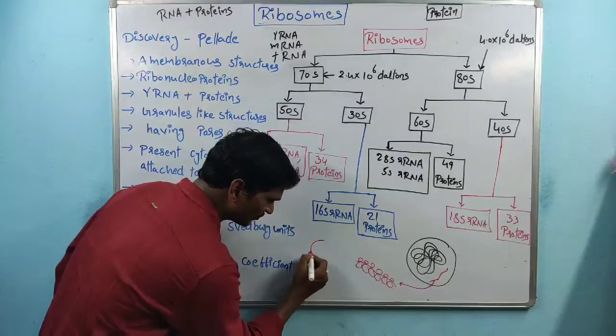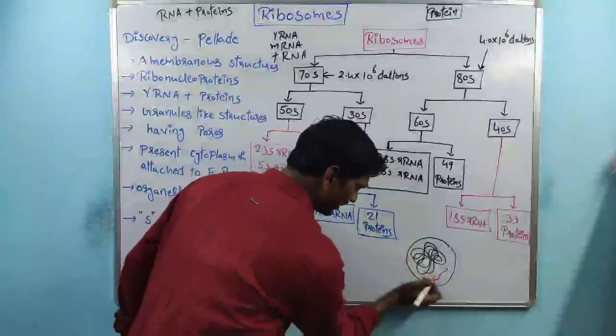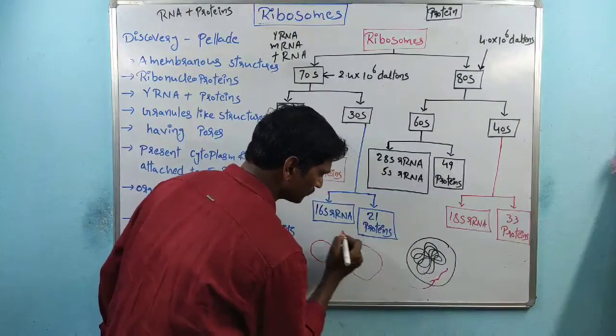This is the size of one ribosome. This is the small size ribosome, and this is the large size ribosome.